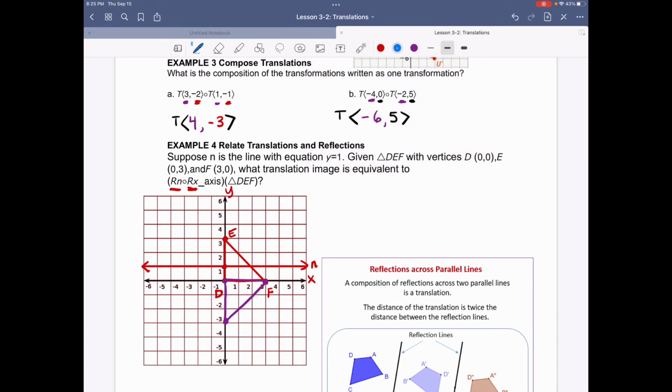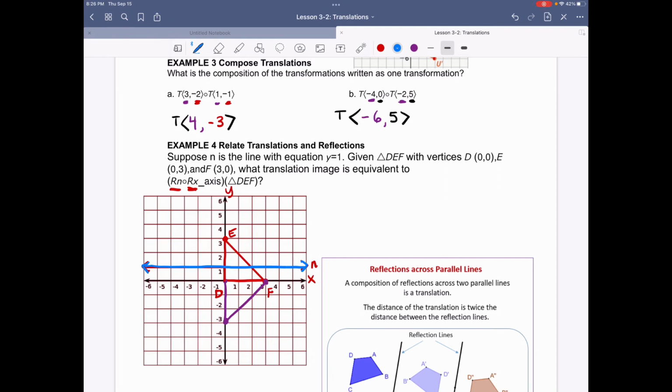So right now, D is 1 away from, like right here. It's 1 away, so it's going to be 1 away. It's going to be right here. I shouldn't have drawn that blue, and now I erased my whole line. Okay, so to reflect over line n, I'm reflecting the purple triangle over line n.